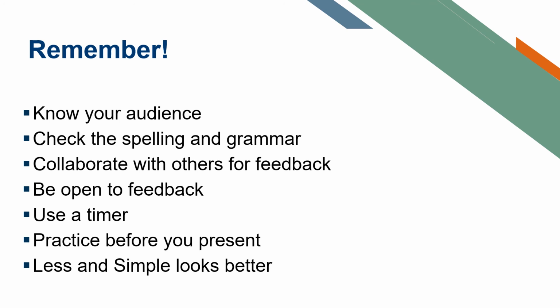Always check your spelling and your grammar within things. I know we are educators or we are professionals and we know how to spell things, but sometimes we get in a rush or there are so many ways to spell certain things, there, their, they're. You want to ensure that your spelling and grammar is correct.